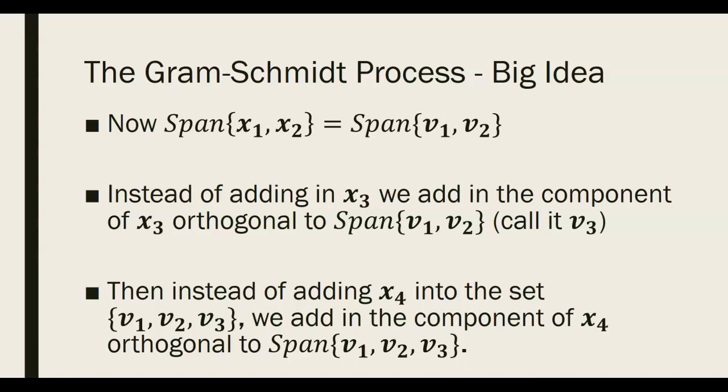Hopefully that makes sense. So in each entry, we're just adding a vector into our set, and we do that over and over and over, and it's always the vector that is orthogonal, or at least the component that's orthogonal, to the span of the set we've already created.